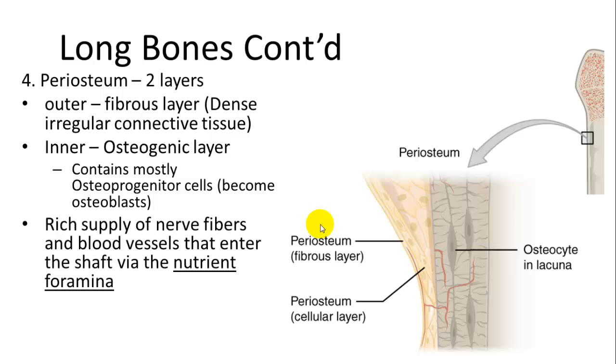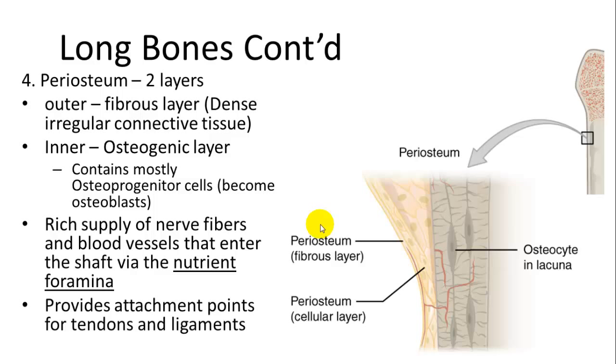There is also a rich supply of nerve fibers and blood vessels that need to be in that area to provide nutrients for these newly developed cells and stem cells. And the periosteum, also the fibrous layer, allows for the attachment of tendons and ligaments, which are types of dense connective tissue, which attach to muscles.